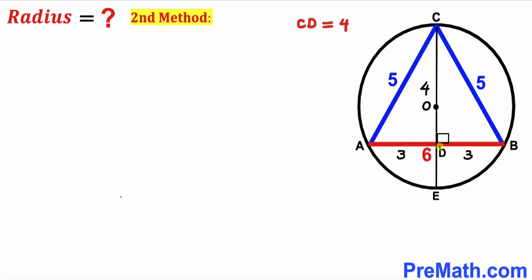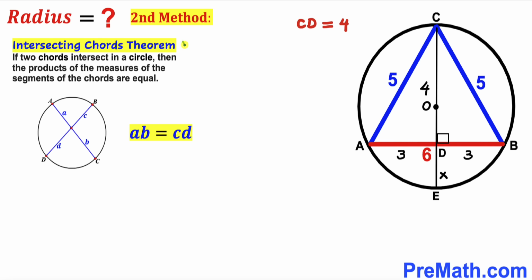Let's assume that this DE length is x. Now let's recall the intersecting chords theorem. According to this theorem, if two chords intersect in a circle, then the products of the measures of the segments of the chords are equal, as you can see in this given diagram.